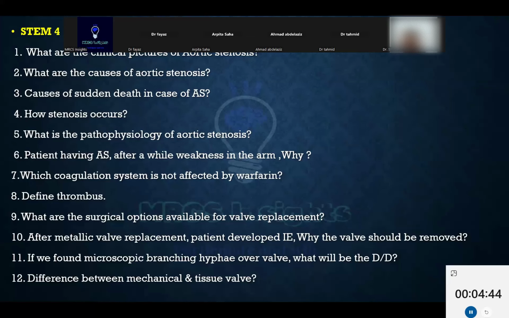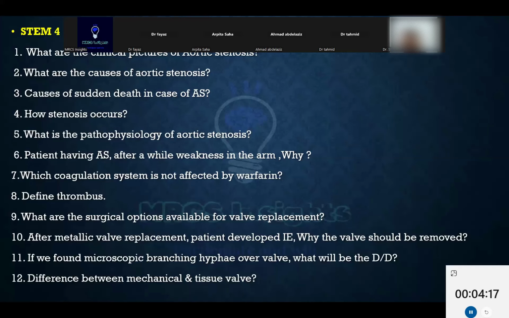Now tell me, after metallic valve replacement, the patient has developed infective endocarditis. So why should the valve be removed? It should be removed because it will act as a septic focus and it will be dehiscent, and the bacteria will form a biofilm, and even after the treatment it cannot cross the biofilm, so it should be replaced.